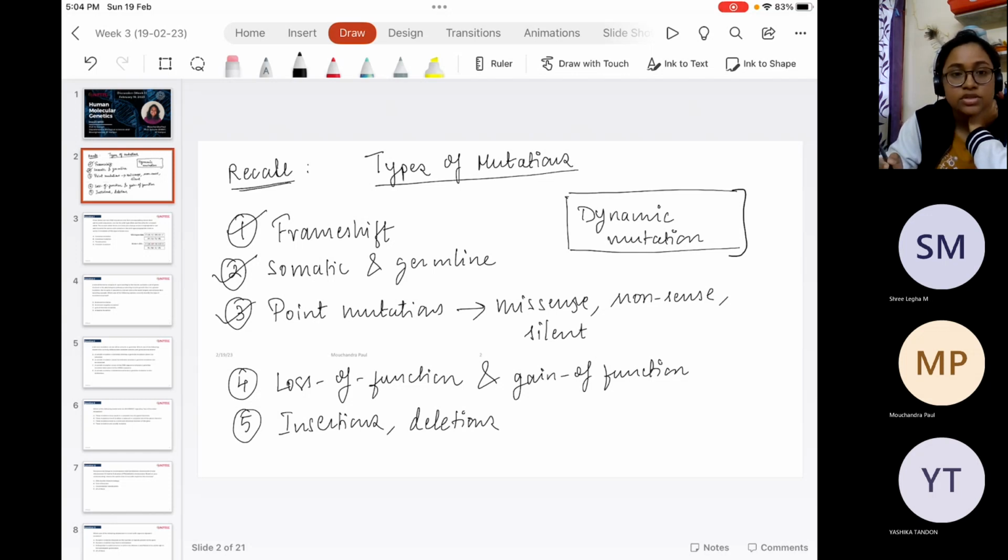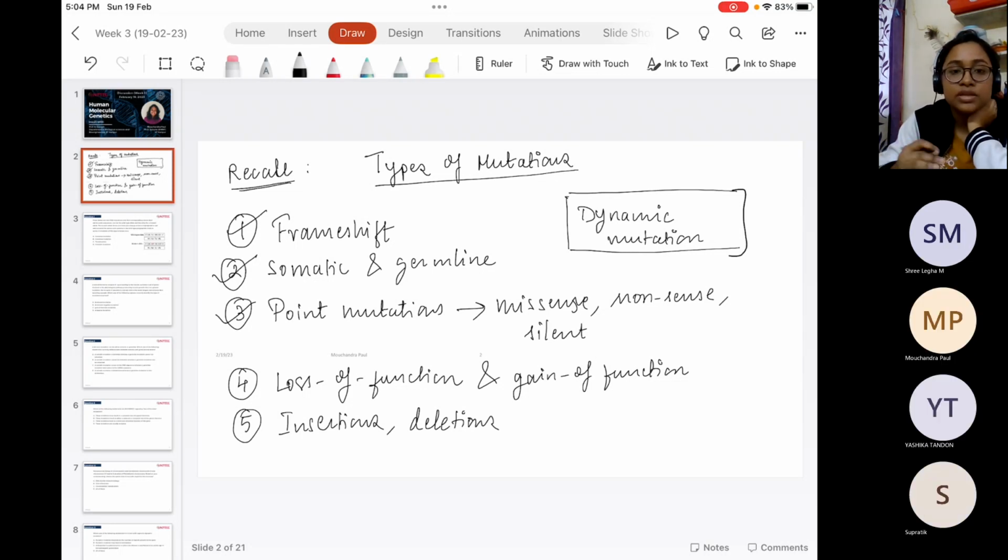And there are point mutations, where there is a permanent change in a single base pair, right? So it can result in missense, where in the protein sequence there's a change in the amino acid because of one base pair change. Or instead of an amino acid, a stop codon is added, because of which the protein sequence is truncated.